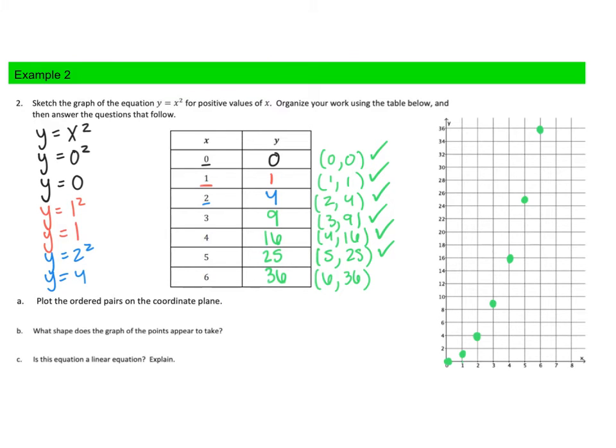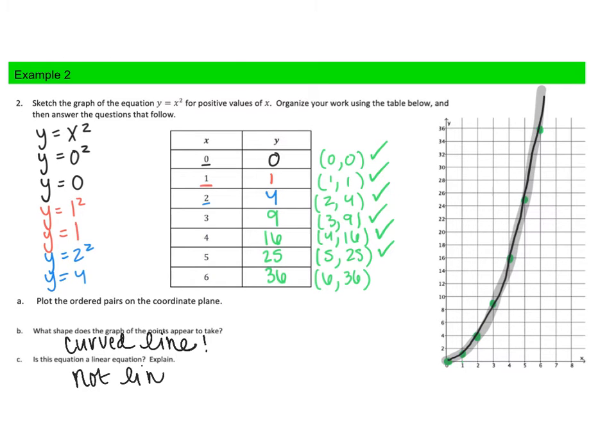So I want you to connect these dots together to form a line and tell me what shape you think this makes. Well, you should see that this has a curved line. So this is curved. That means it is not straight. That means it is not linear.